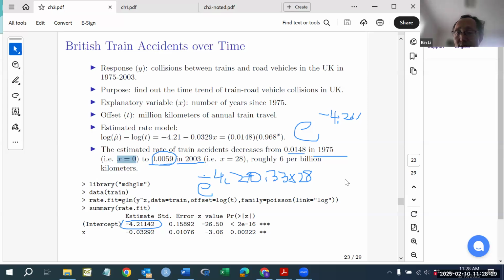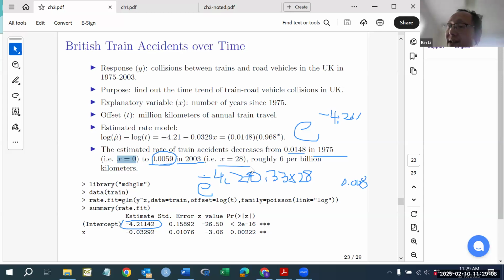Comparing these two numbers, the difference is about 0.008. So we can say that after 28 years, the drop is about 0.008 per million kilometers, or 8 per billion kilometers.